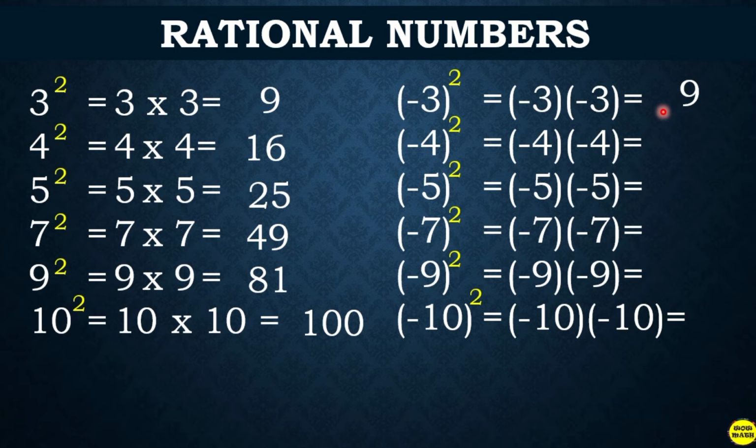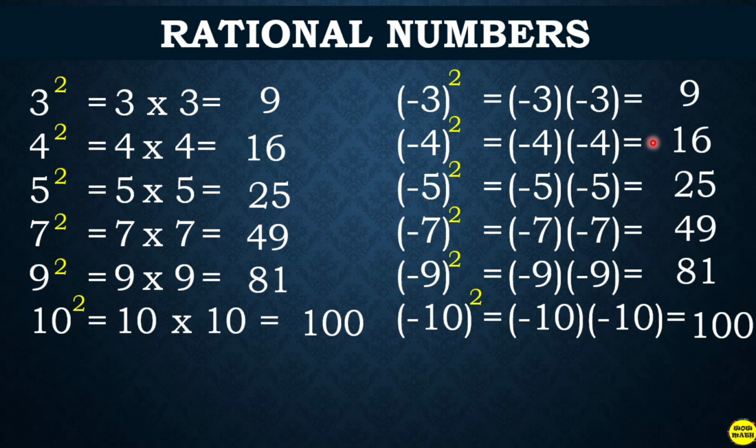We can get positive 9. Why positive? Because they have the same sign. So when we are multiplying numbers or integers with the same signs, the product is positive. Okay? Same as the others. So we will get 16, 25, 49, 81, and 100.